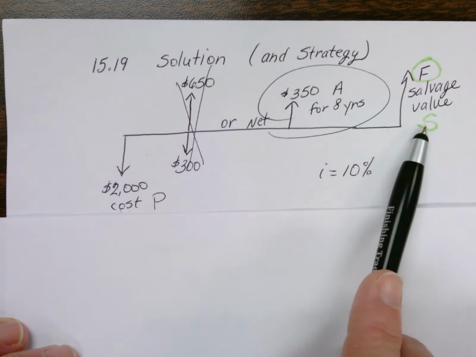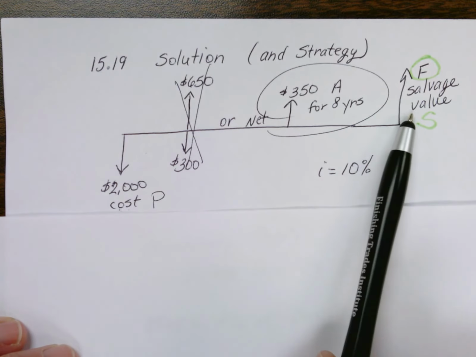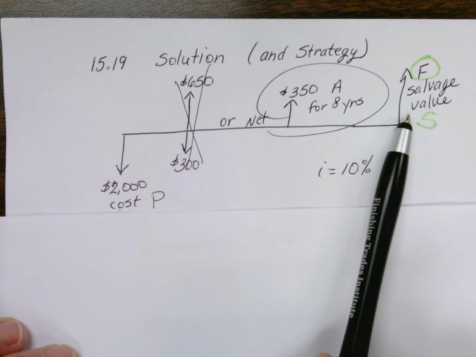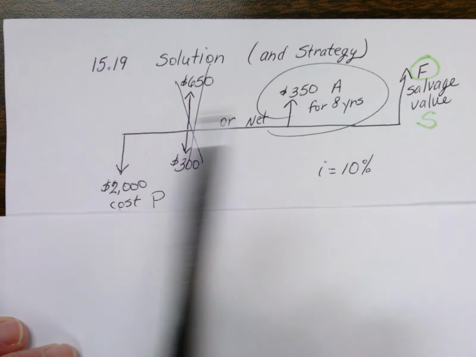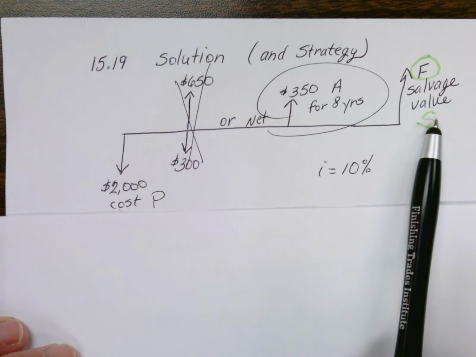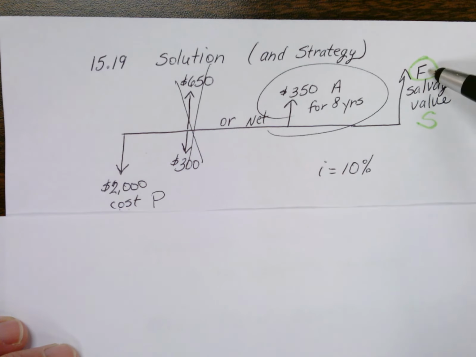What we're asked to find is the salvage value of this equipment. How much should we sell it for? How much will we need to sell this asset for at the end of its 8-year life in order to make this whole set of cash flows economically feasible? And so salvage value in the future is normally designated with the letter F, future value.